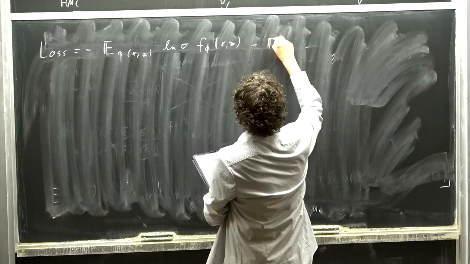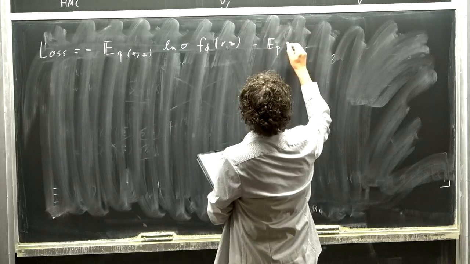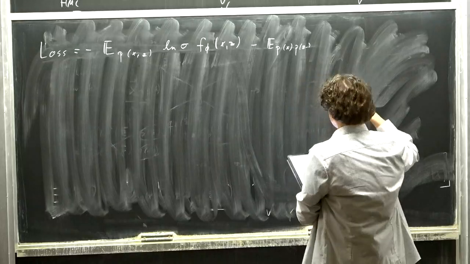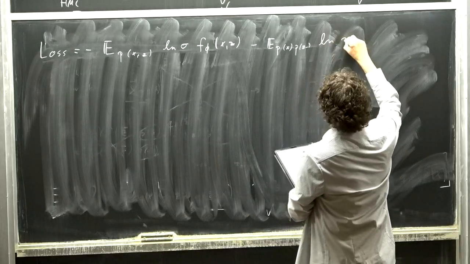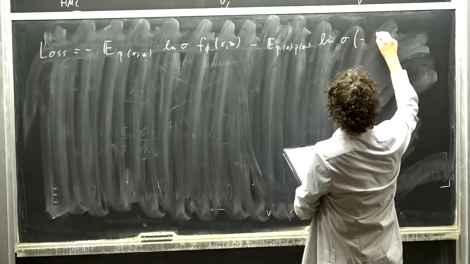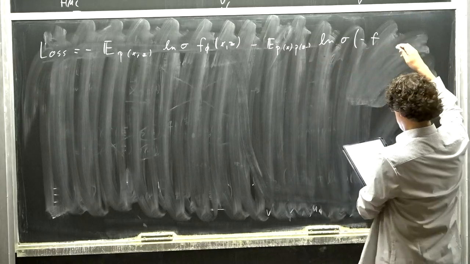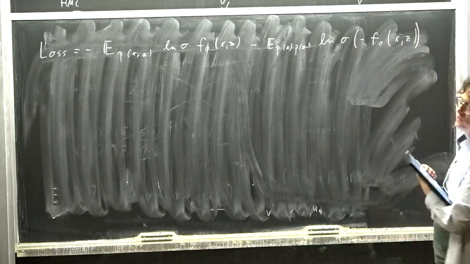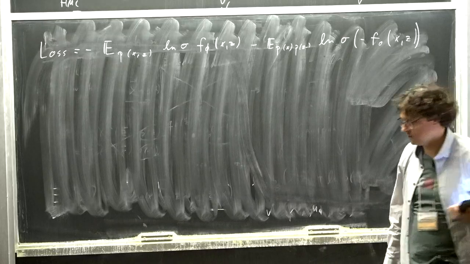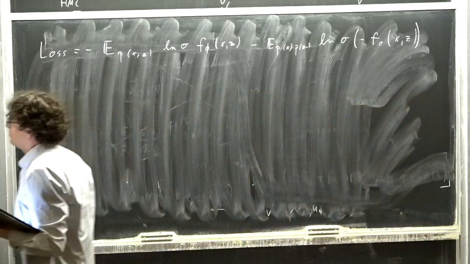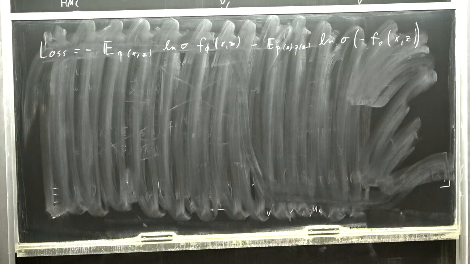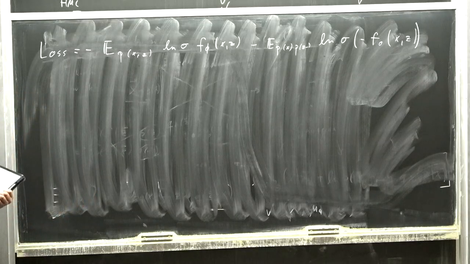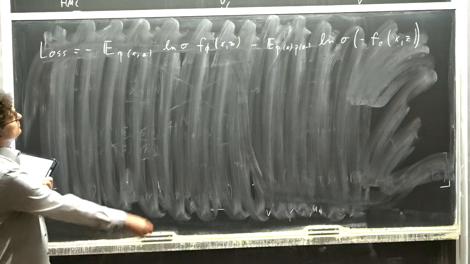And then we have one part that is based on samples from the marginal distribution. And here we have, again, log of sigmoid of minus f now. Okay, so this is just the binary cross-entropy loss function that we used already for logistic regression. So it's the very same thing, except now that the distribution of the two classes looks like this here.